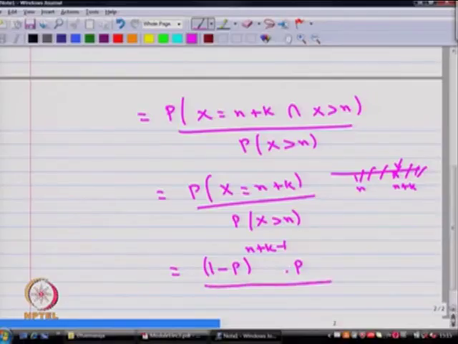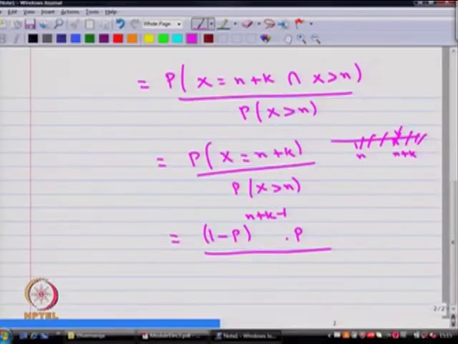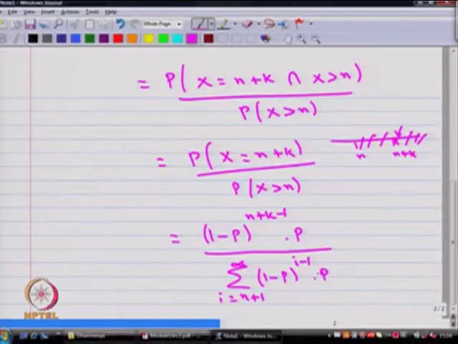Whereas the denominator, the probability of X greater than n, means summation i equal to n plus 1 to infinity (1 minus p) power i minus 1 multiplied by p.